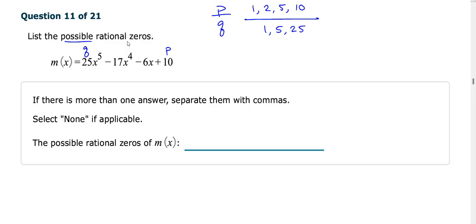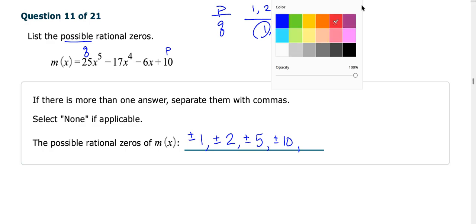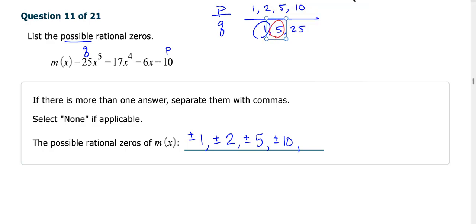All right, I'm going to write all of those p's over 1. So I get plus or minus 1 over 1, plus or minus 2 over 1, plus or minus 5 over 1, plus or minus 10 over 1. All right, now I'm going to write all of those p's over 5.